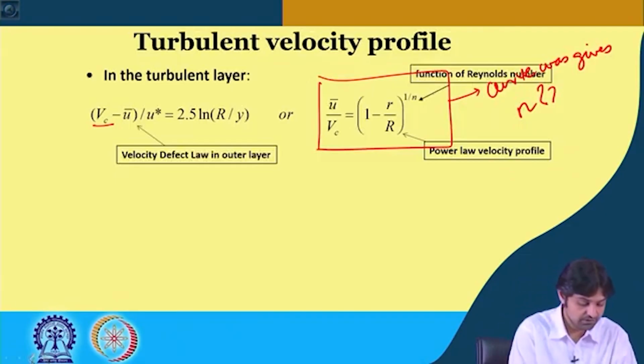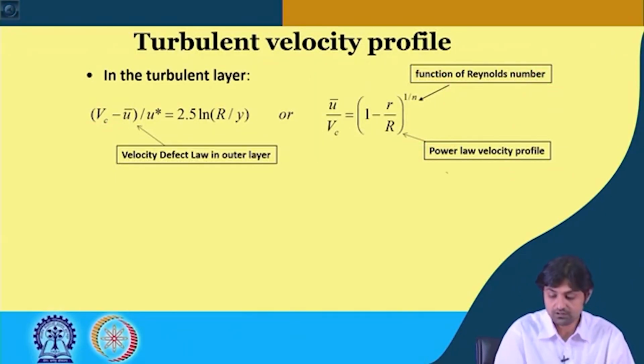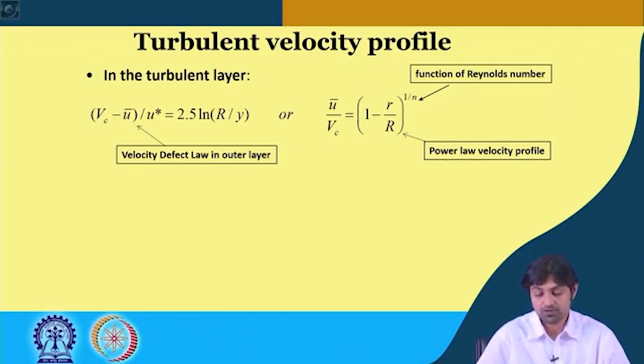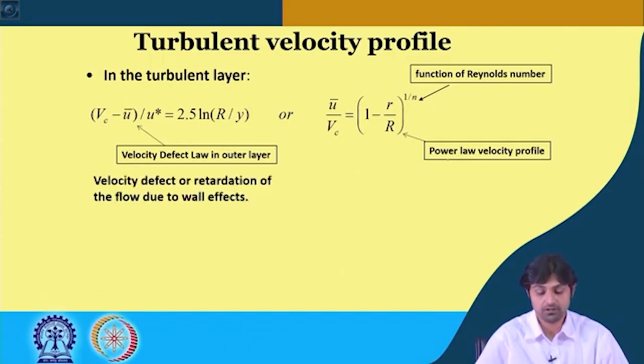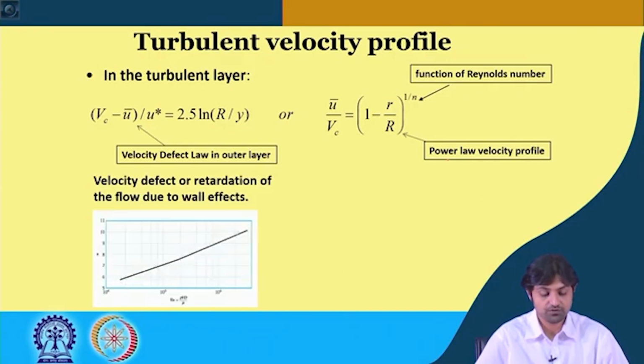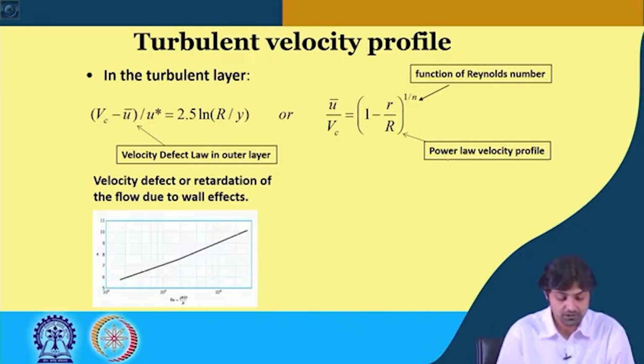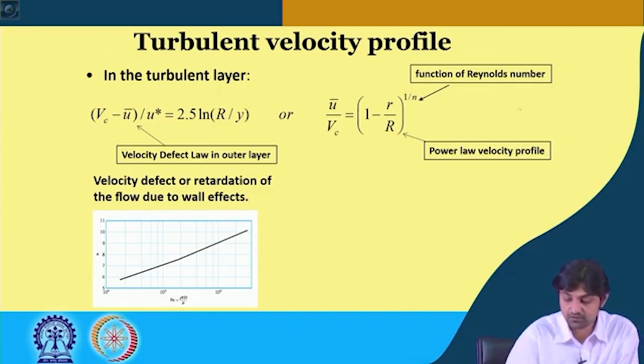This equation is called the power law velocity profile, and this n is a function of Reynolds number. So, velocity defect, or retardation of flow due to wall effects. This is the curve using which n can be determined.